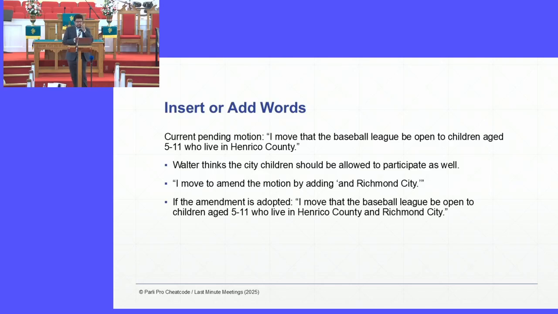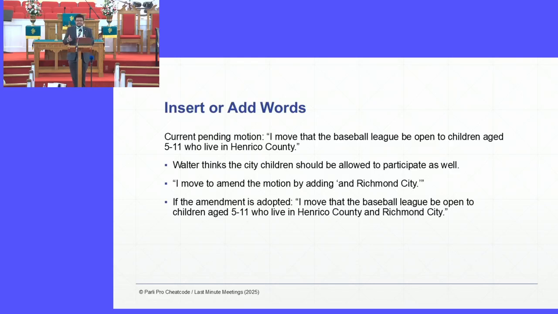So in order to change the wording of this motion, he would say, I move to amend the motion by adding and Richmond City, because that would add Richmond City to the list of eligible places for the baseball league. Then they would get a second, and then you would debate on whether or not to include the city kids in the baseball league.